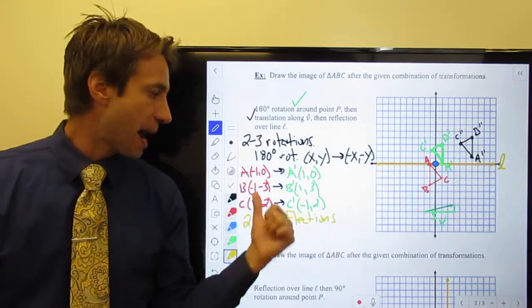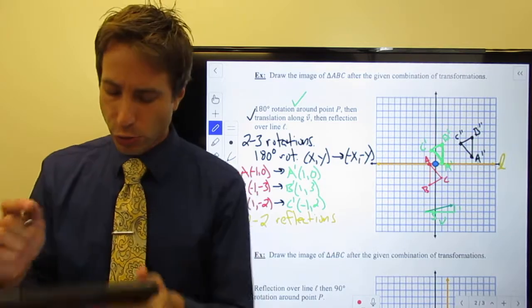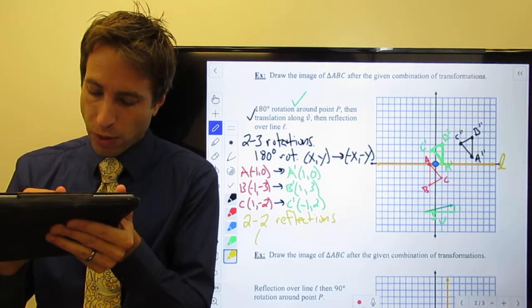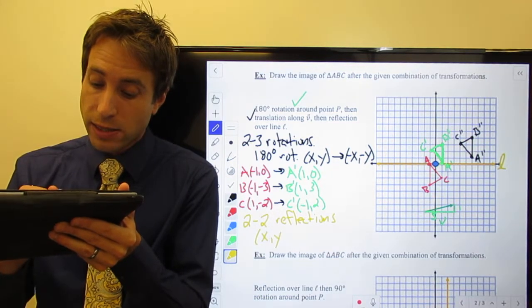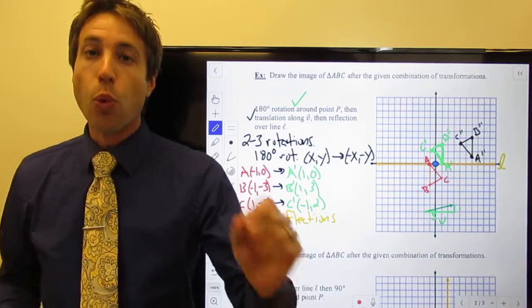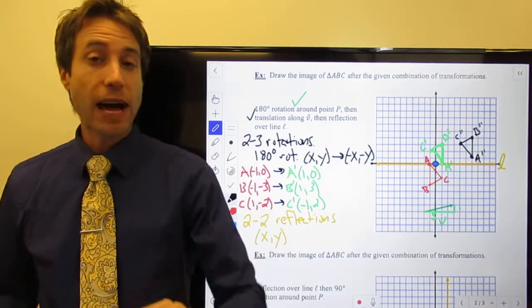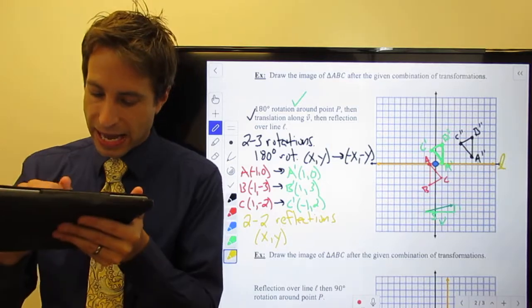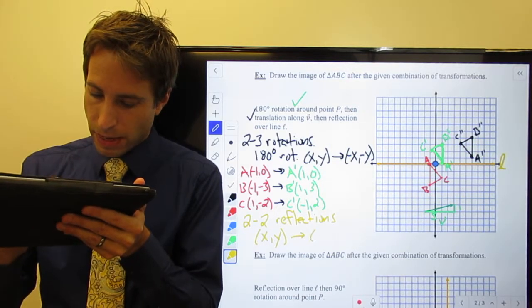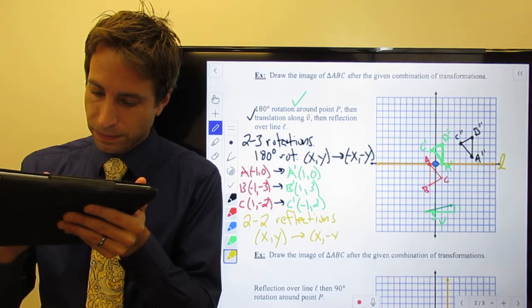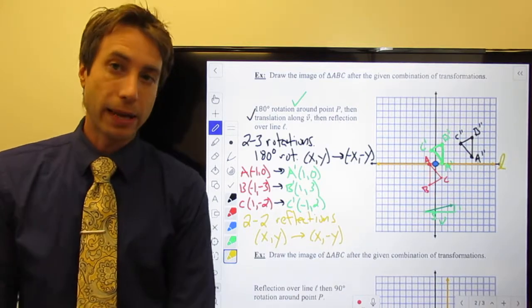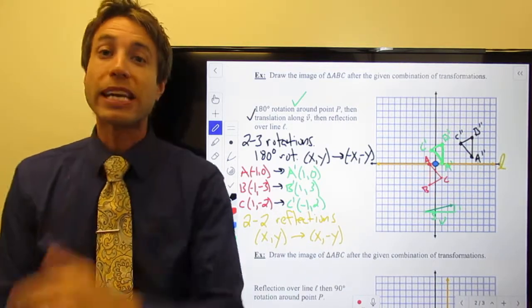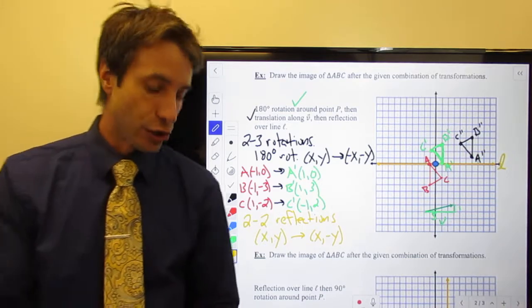So, if you recall back to chapter 2, section 3, the transformation for reflecting across the x-axis was to leave the x value the same and make the y negative. So, x stays the same, but the y becomes negative, right? So here we go. Let's go ahead and do that.